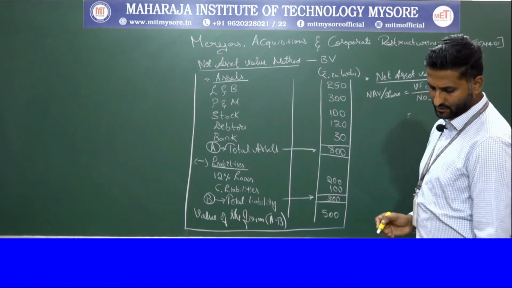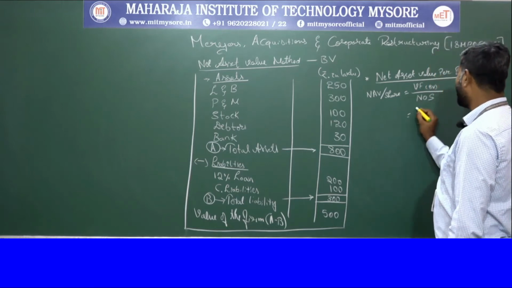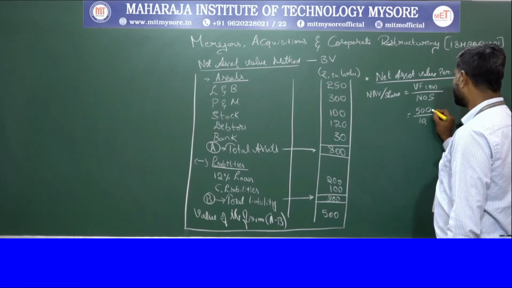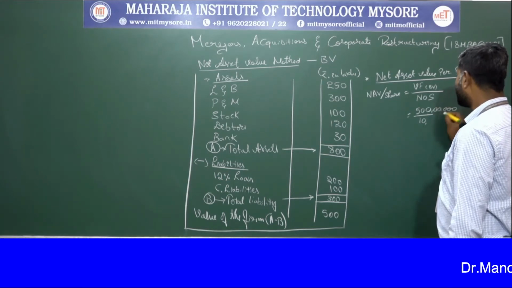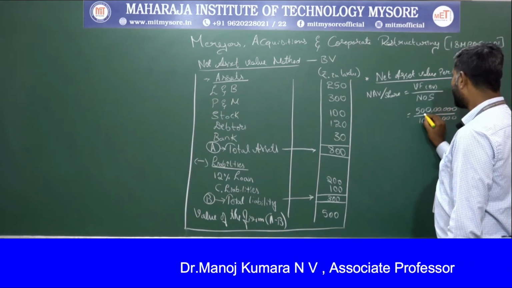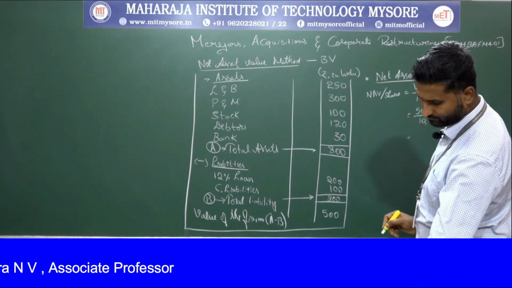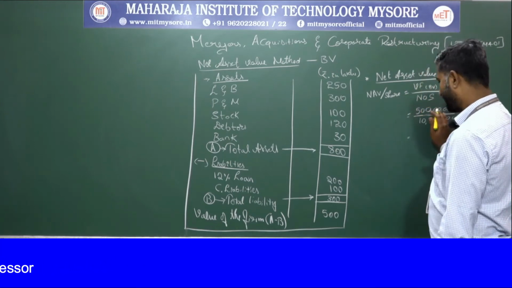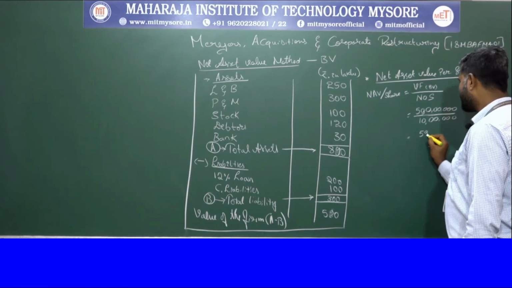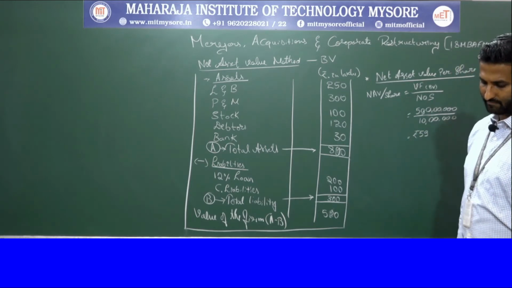When we take the outstanding shares, whatever they gave in the problem, that is 10 lakhs. Therefore, 590 lakhs divided by 10 lakhs. So we get rupees 59 as the NAV per share.